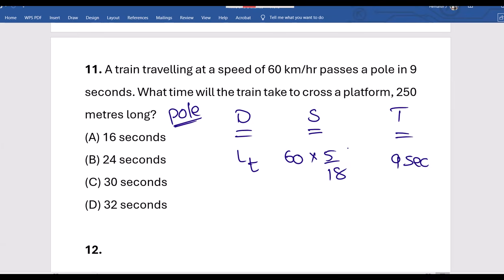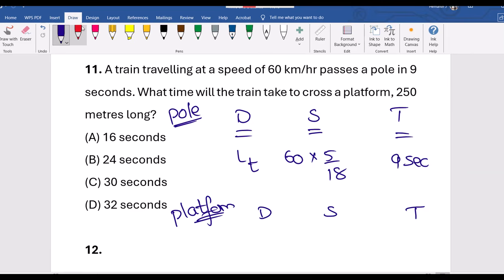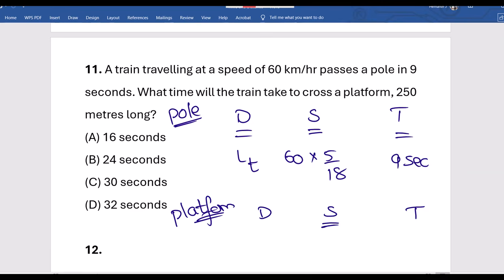Next, train crossing platform. Sir, what is the distance? What is the speed? What is the timing now? Speed is what? Train crossing platform. Yes, speed 60 into 5 by 18, timing you need to calculate. What is the distance?